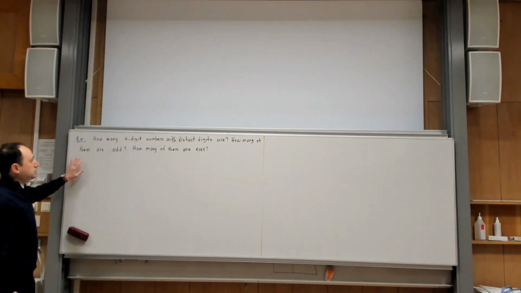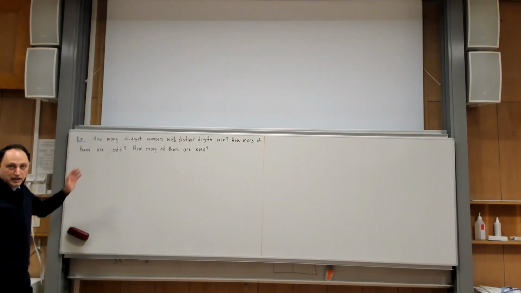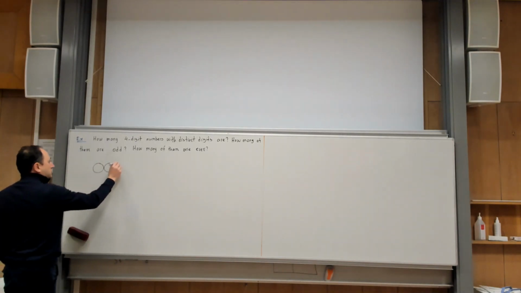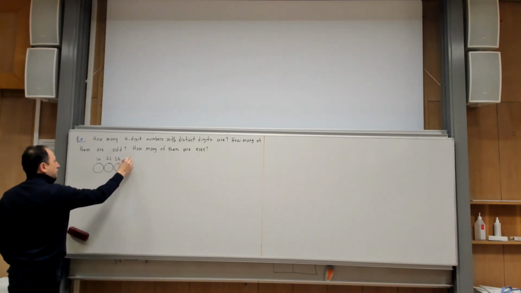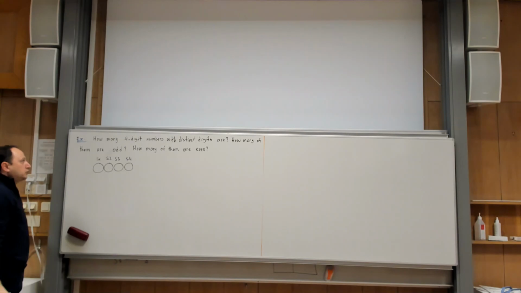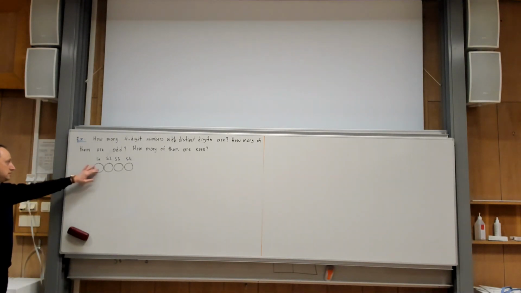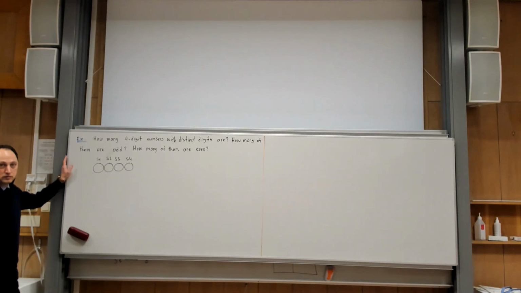How many 4-digit numbers with distinct digits are there? It's a very, very simple task, yes? So can I choose the natural order? So let me choose the natural order if possible. So stage number 1, stage number 2, stage number 3, and stage number 4. I want to write a 4-digit number with distinct digits. In how many ways can I fill this up? How many ways can I write the leftmost digit? 9.